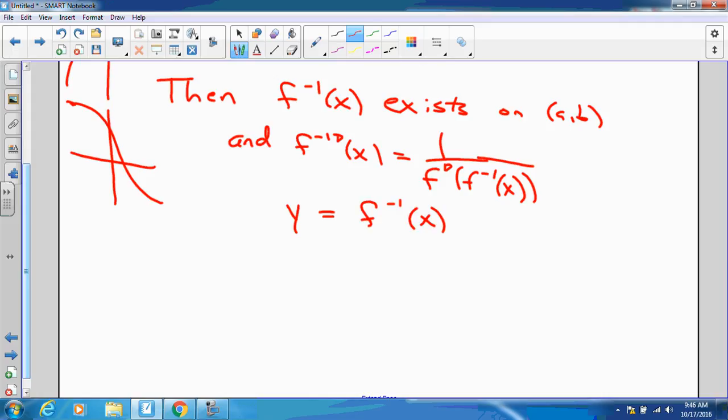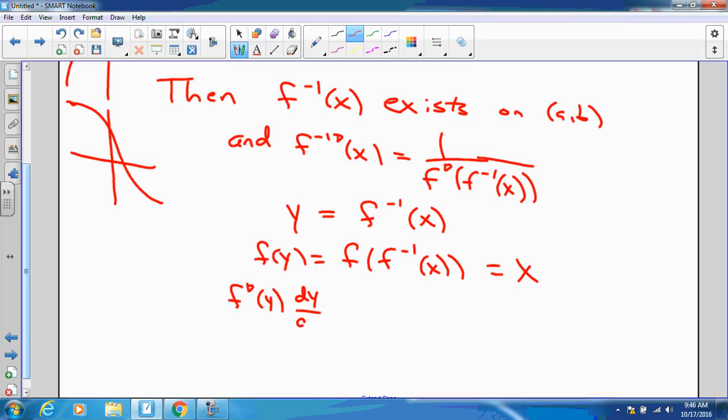And the reason that f inverse prime is 1 over f prime of f inverse is simply this. If y is equal to f inverse of x, then f of y is equal to f of f inverse of x, which is equal to x, because the function and its inverse cancel each other.